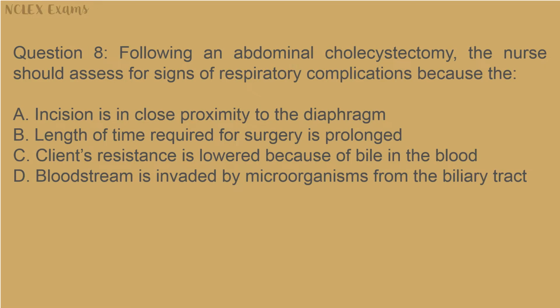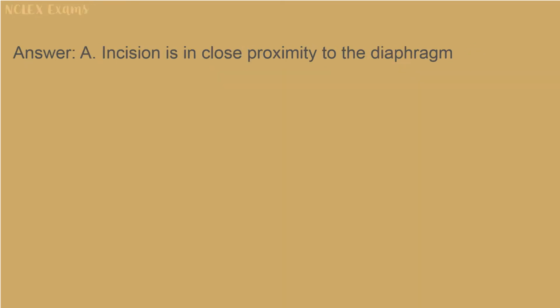Question 8. Following an abdominal cholecystectomy, the nurse should assess for signs of respiratory complications because the A. Incision is in close proximity to the diaphragm. B. Length of time required for surgery is prolonged. C. Client's resistance is lowered because of bile in the blood. D. Bloodstream is invaded by microorganisms from the biliary tract. Answer: A. Incision is in close proximity to the diaphragm.